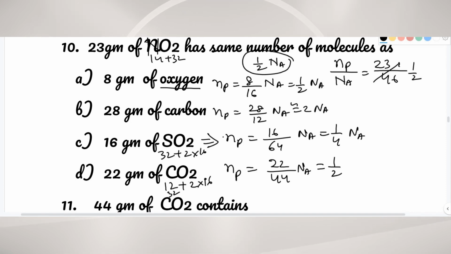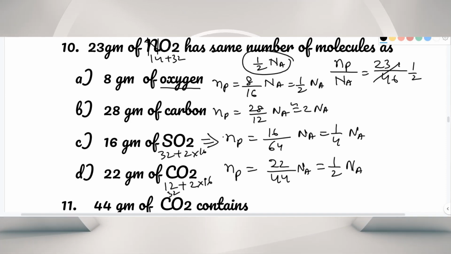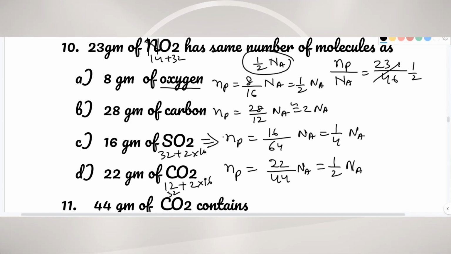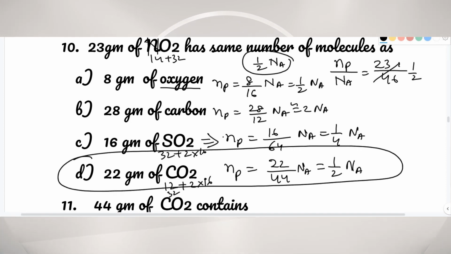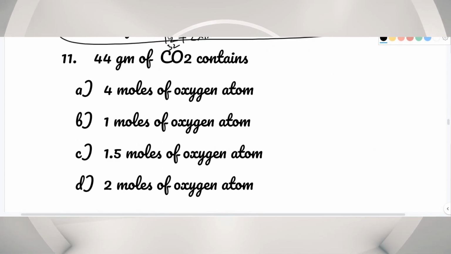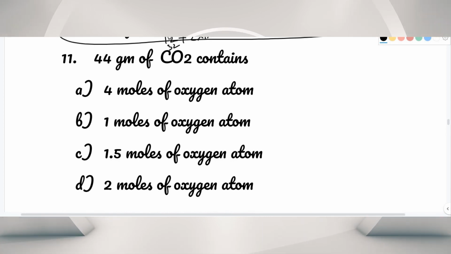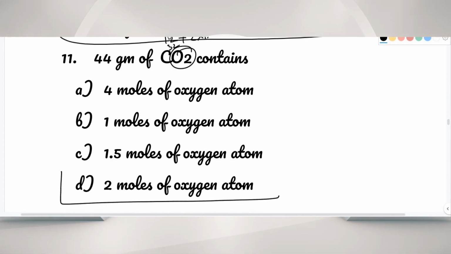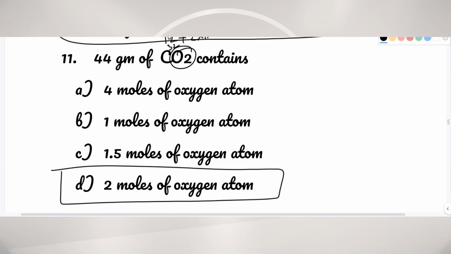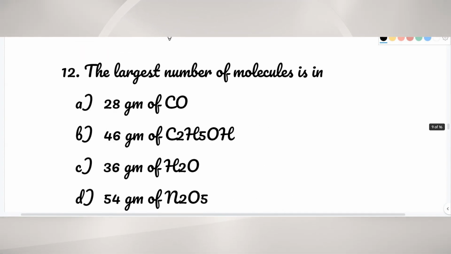This is a half Na. Right. So 23 grams of NO2 and 22 grams of carbon dioxide have the same number of molecules in them. Moving ahead, 44 grams of CO2 has how many moles of oxygen? Very simple. It's 2 O2, no? So 2 moles of oxygen. You can calculate, then also you get the same.